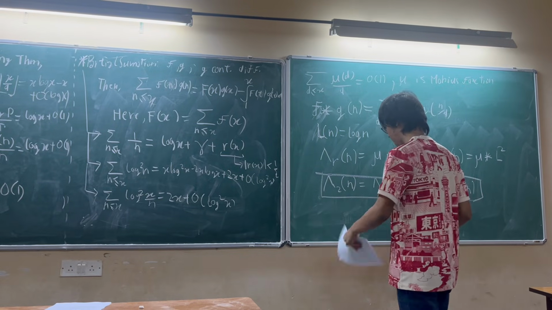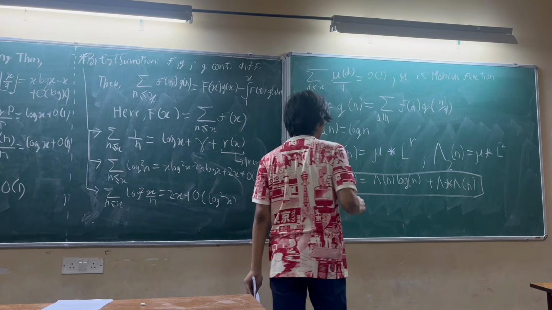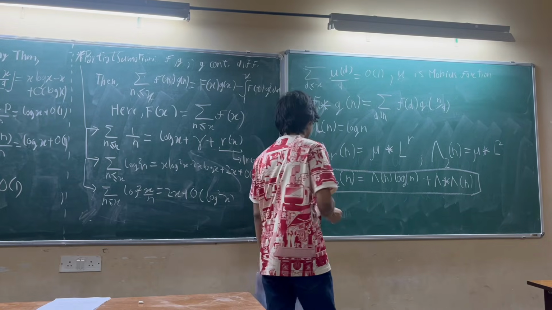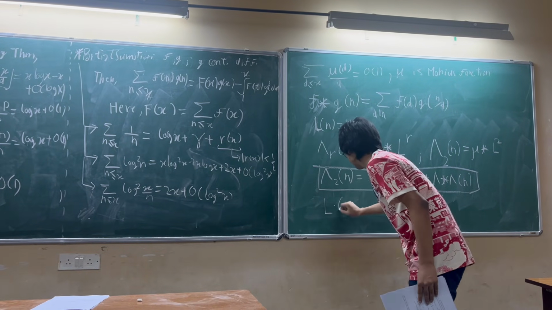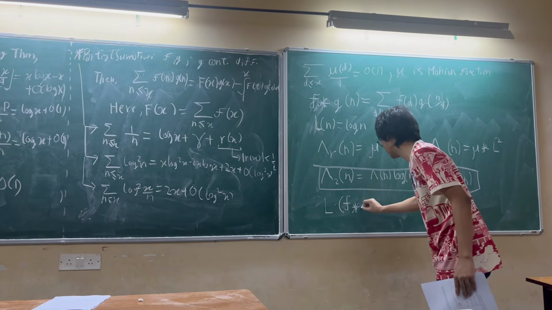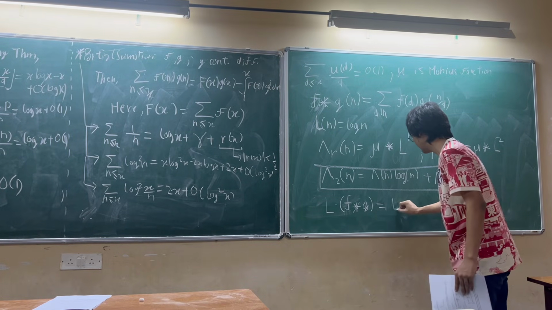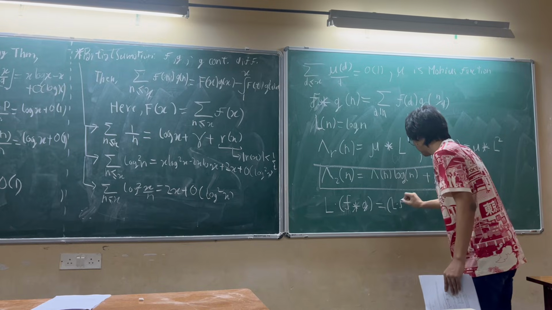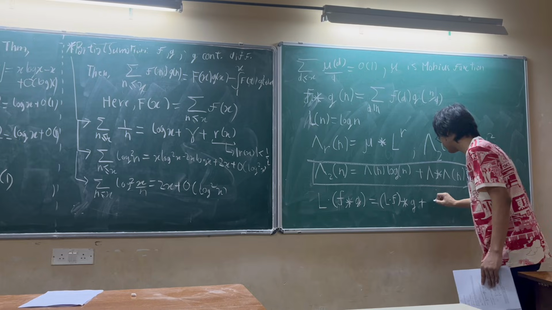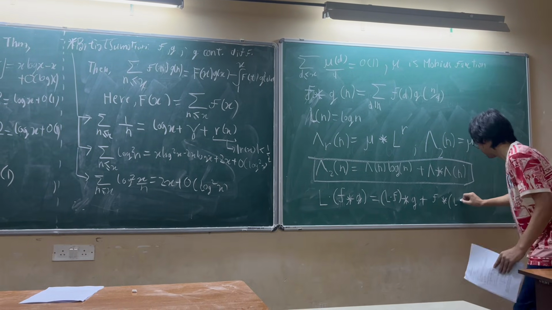I'll give you a hint for the idea behind this proof: the function L acts as something called a derivation, something like a derivative, only on the ring of arithmetic functions. So if you have two functions f and g that are getting convoluted, L multiplied, this dot is normal multiplication, L times (f convolution g) is in fact L times f convoluted with g plus f convoluted with L times g.